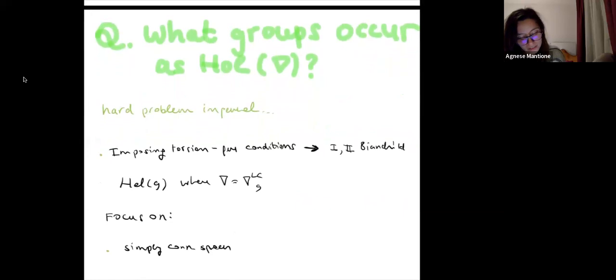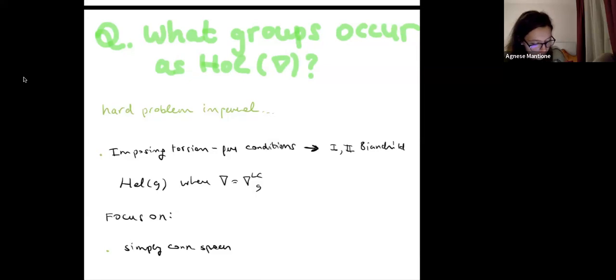So once one learns about holonomy and this connection with structures, an interesting question to ask is what groups appear as holonomy groups. In general this is a very wide question, so we could specify some conditions to get some restrictions on the possibilities.